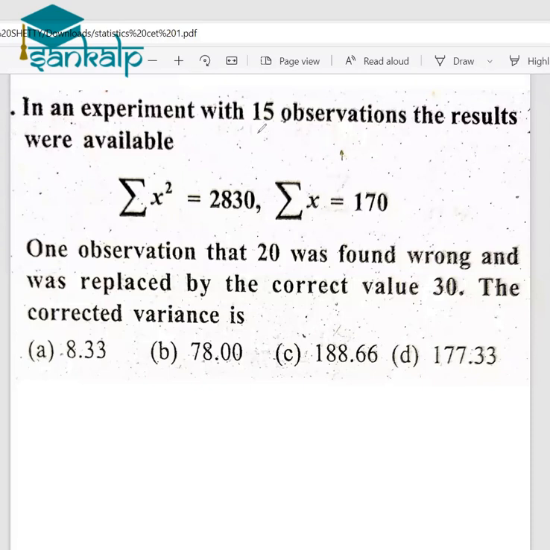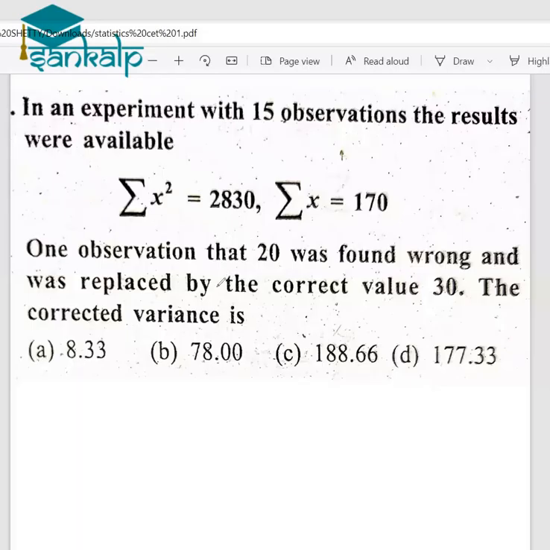In an experiment with 15 observations, the results were sigma x square is equal to 2830 and sigma x is equal to 170. An observation 20 was found wrong and was replaced by the correct value 30. The corrected variance is?